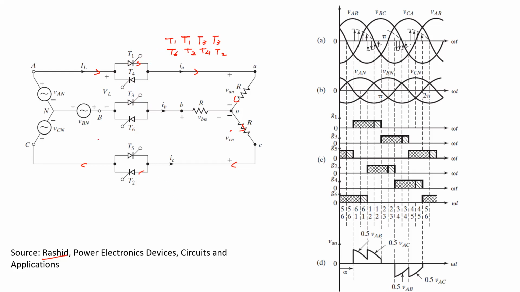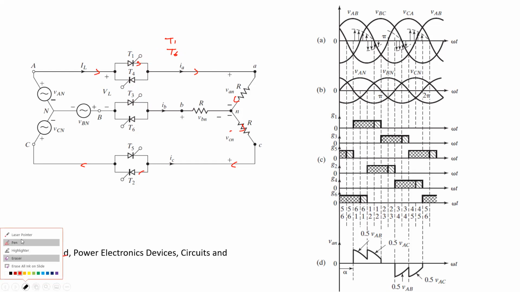We'll consider one section here. Let's say our T1 and T6 are firing. That means this one is conducting and this one is conducting.